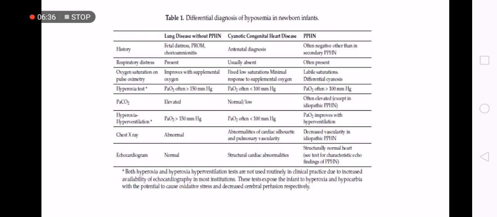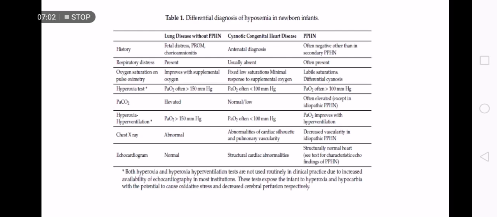With hyperoxygenation and hyperventilation, the baby improves. On chest x-ray, we might have decreased vascularity. On echocardiogram, we have a normal heart, but we have signs of pulmonary hypertension. Okay.